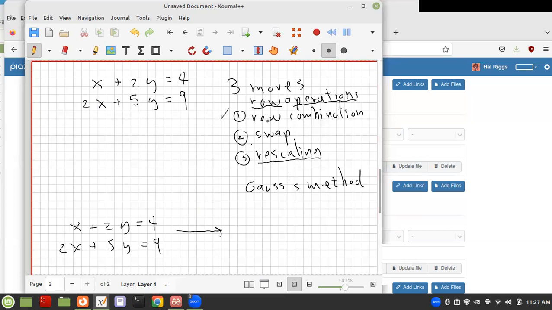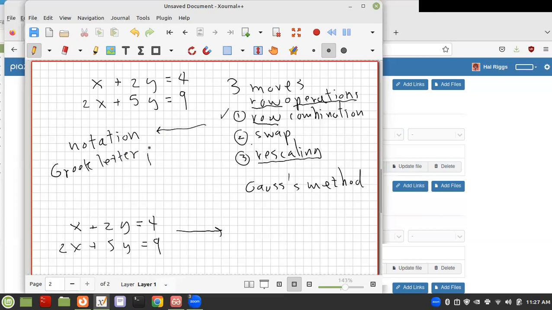Because of the word row, we want to make a little notation for row operations, and it's based on the fact that the Greek letter rho, which is spelled R-H-O, sounds like row. So we're just using this symbol because it sounds like row. We're going to use rho to indicate a row operation. The first one is that I can multiply one row by a number and add it to another row.